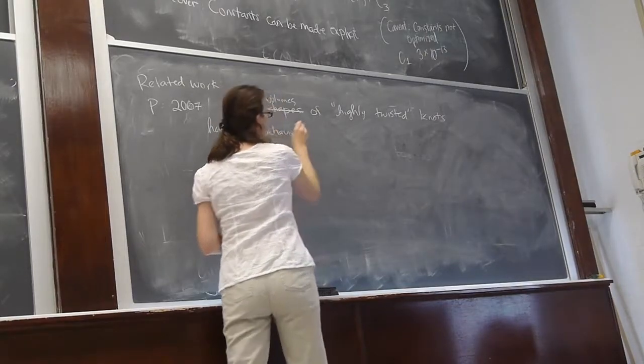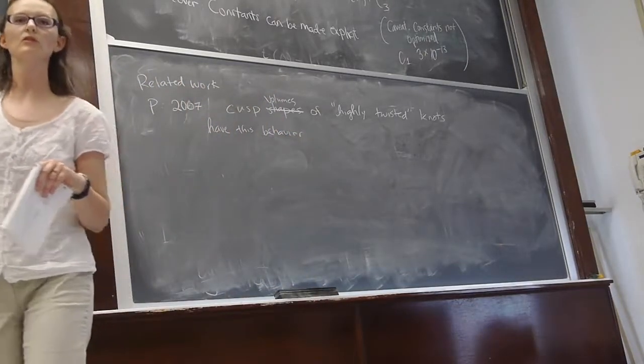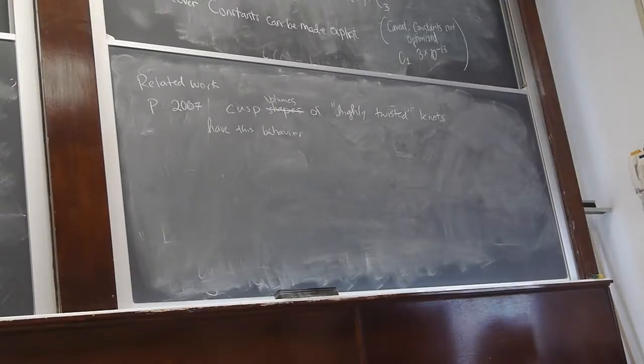What is a highly twisted knot? This is where every single twist region has at least 134 crossings in it, I think was the number I came up with for this result.